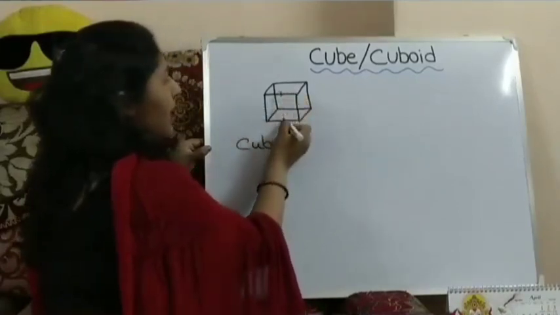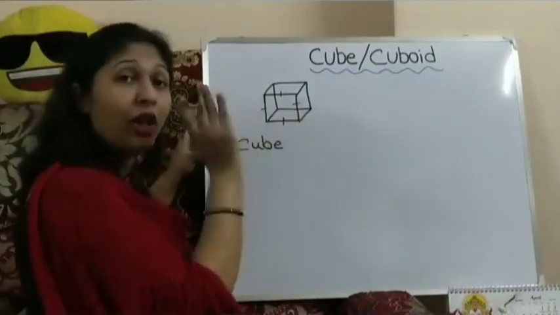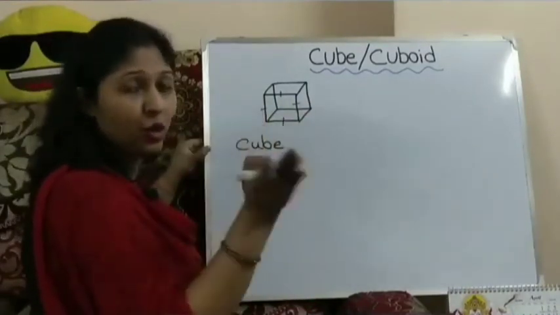And these are the sides. All sides are equal like square.